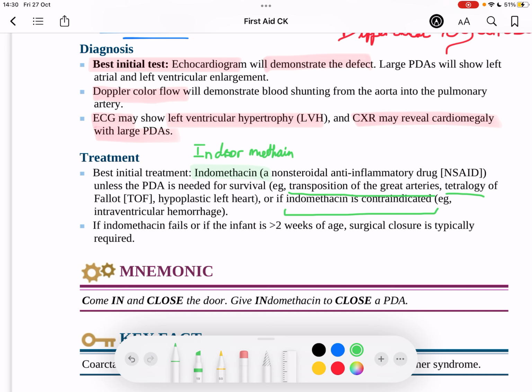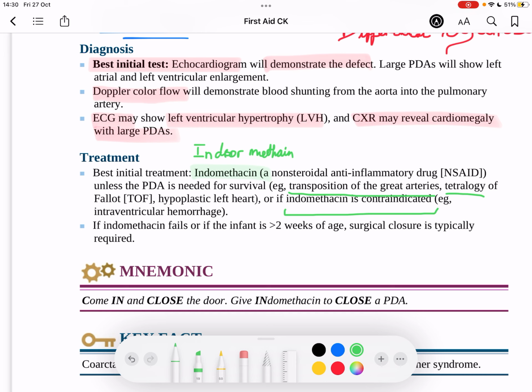So if a patient has a concomitant cyanotic heart disease, you do not give indomethacin. In fact, you would give a prostaglandin to keep the PDA open, okay? Because that's going to help reshunt some of that deoxygenated blood back out of the systemic circulation.